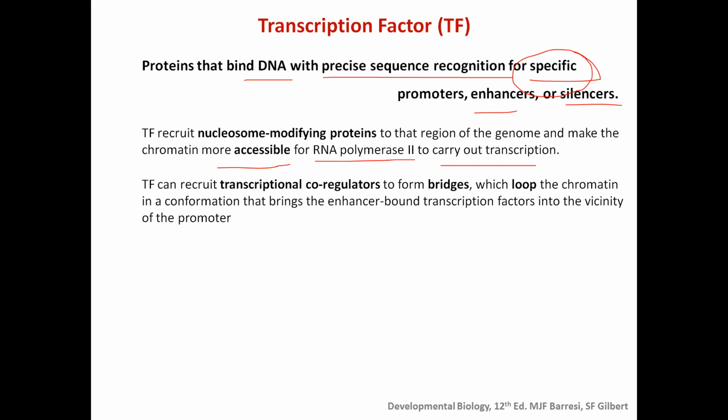Transcription factors can recruit transcriptional co-regulators to form bridges which loop the chromatin, that we are going to discuss in one of the following slides, in a conformation that brings the enhancer-bound transcription factor into the vicinity of the promoter. So these co-regulators are bringing the promoter and enhancer close to each other so that there is a tight regulation of the gene.